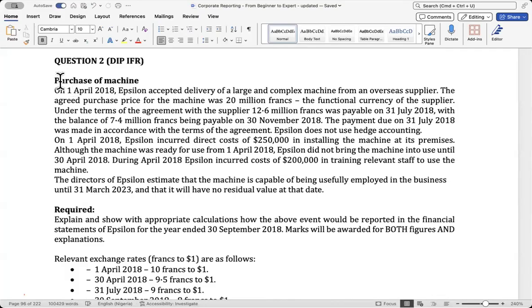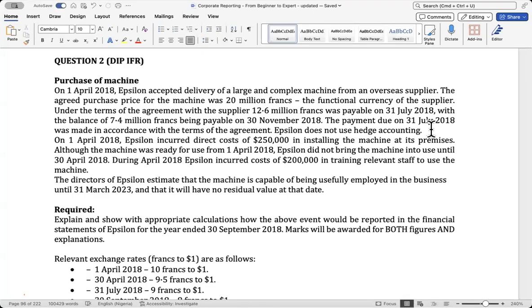The second one, they said in April 2018, Epsilon accepted delivery of a large and complex machine from an overseas supplier. The agreed purchase price for the machine was 20 million, which is the functional currency of the supplier. Under the terms of the agreement, 12.6 was payable in July, with the balance of 7.4 payable in November. The payment due on 31st July 2018 was made in accordance with the terms of the agreement.